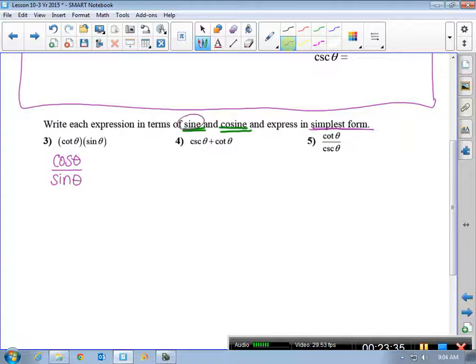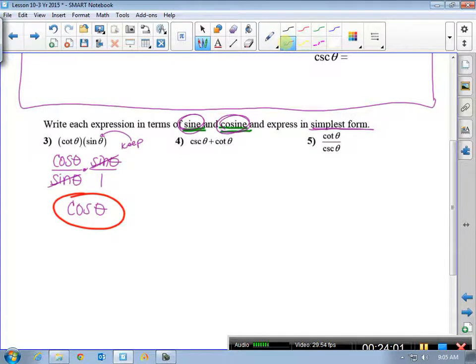And since they want sine or cosine in your problems, we're going to keep this one, sine theta over 1. And then you're really just doing either some reducing, or maybe you're adding fractions. In this case, I'm multiplying, so I'm going to reduce. This just simplifies to cosine of theta.